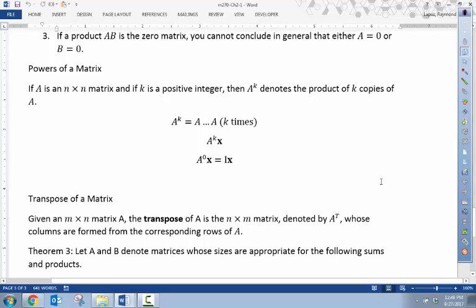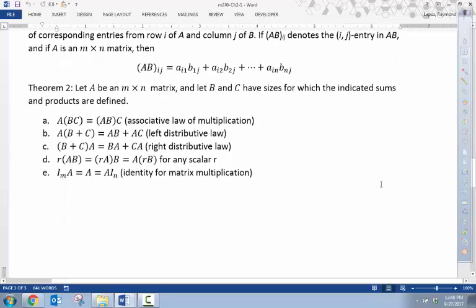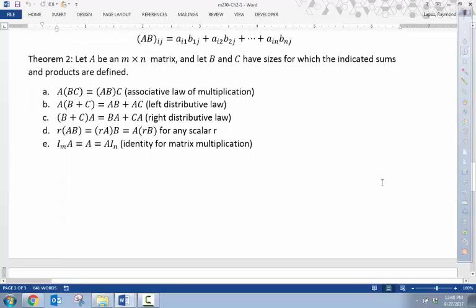So the last thing we talked about were a bunch of theorems and ideas and properties and warnings for these matrices that we're studying. We looked at matrix multiplication, and we said that they were associative, distributive, both from the left and right side. And you have to do the left and right side distributive laws because it's not commutative.